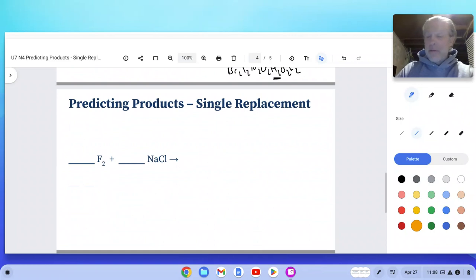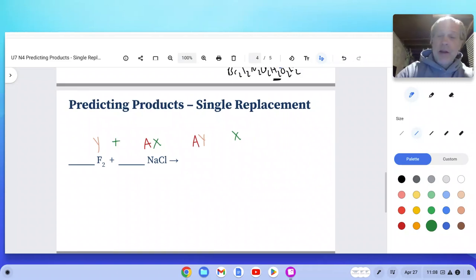In this case, we have Y plus AX, which is going to produce AY and X. And so in this instance, when we have this scenario, what we have to keep track of is what's replacing what.